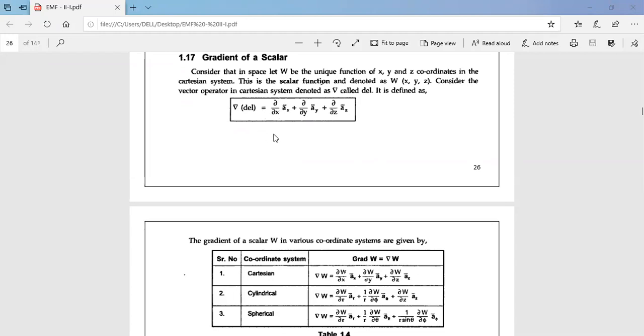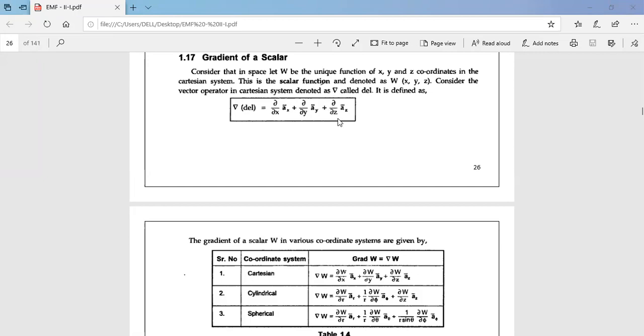So if you have a function, vector A, is 2x AX plus 3y AY plus 4z AZ, the del operator is just the differential with respect to x of the AX part, that is 2x AX, and the differential of the y part with respect to y, and the differential of the z part with respect to z.